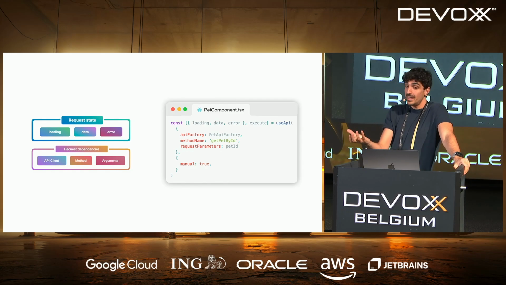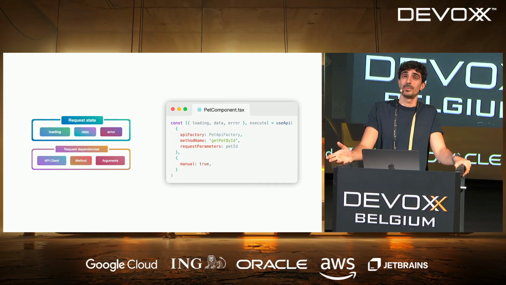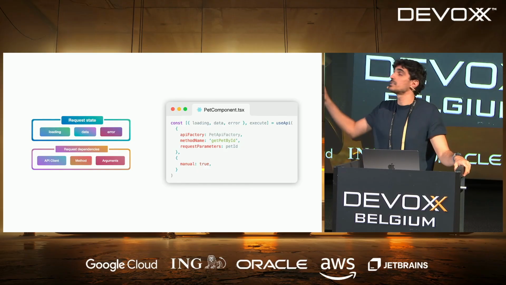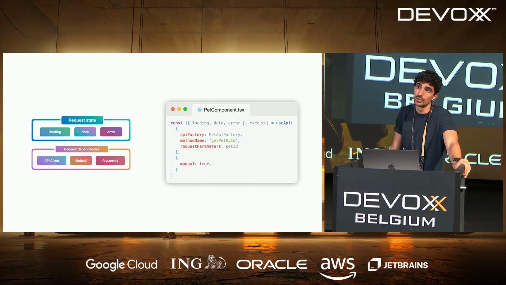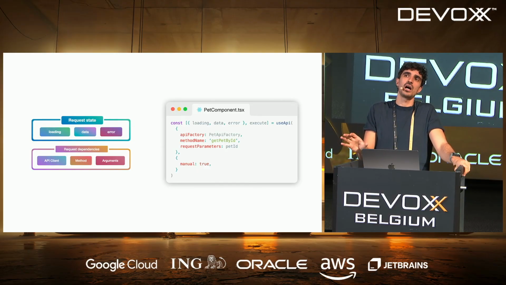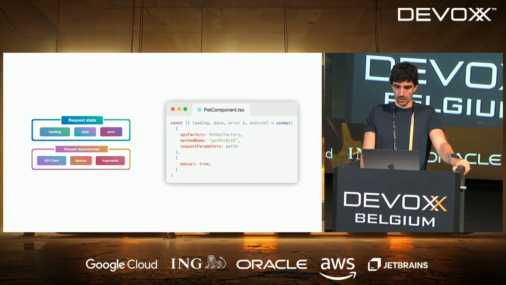And then we can pass another argument to basically prevent the component from firing the HTTP request on mount. This is manual. If manual is true, of course, we don't send the request. That is very similar to the useAxios hook, if some of you have experience with that.